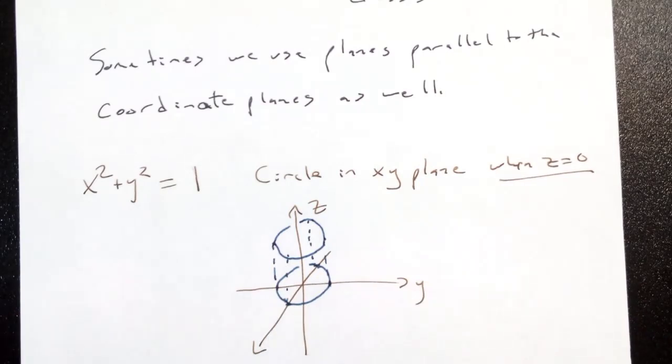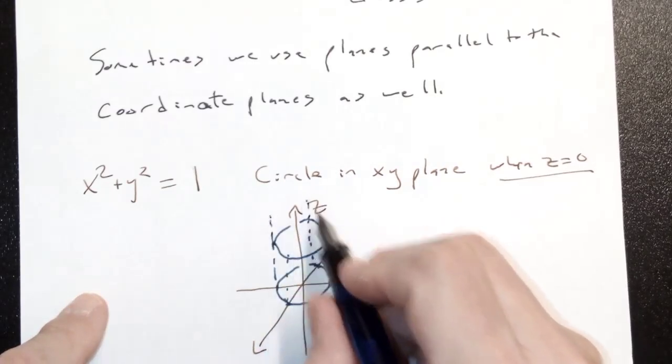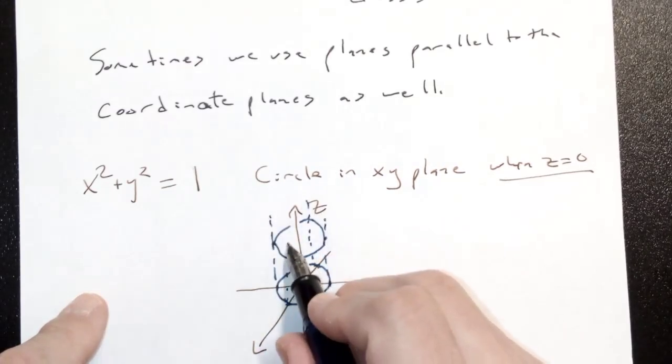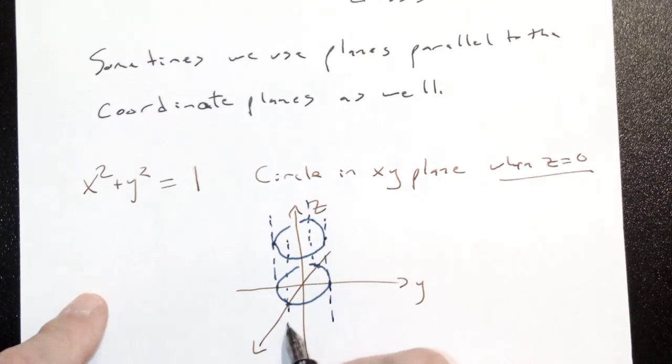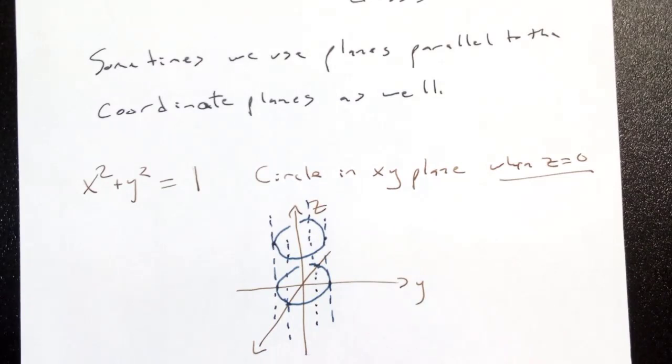There's another one below, yes? What shape have I made? Aha. And it extends infinitely upward and downward because z is a free variable.